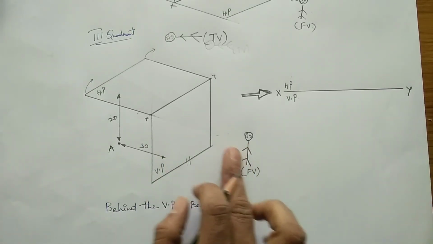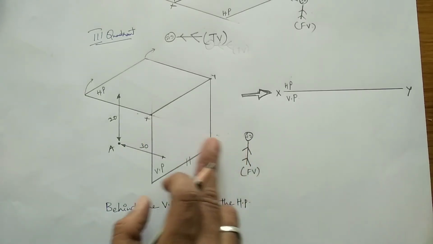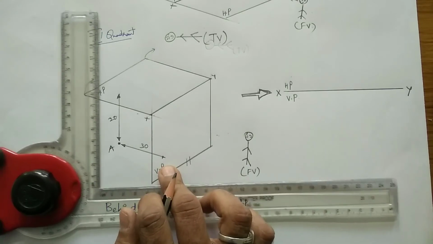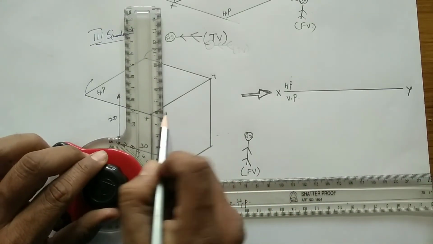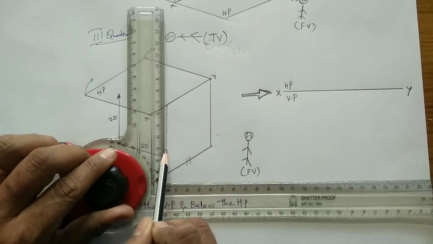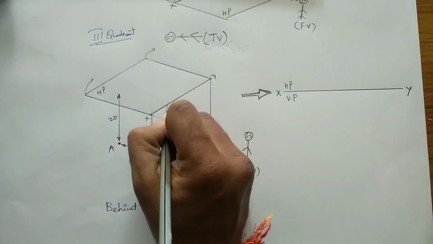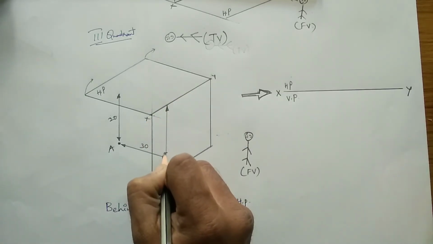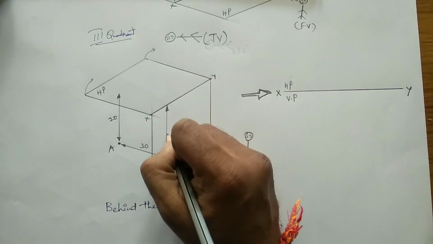Right now when he sees from the front view, at what distance with respect to the XY line? At a distance of 20 mm.